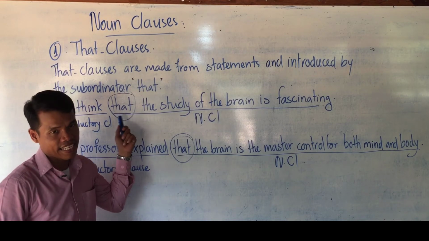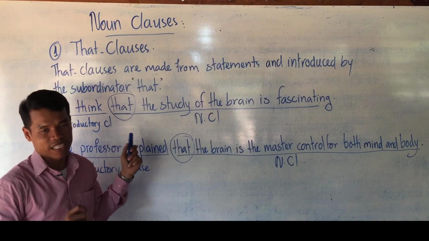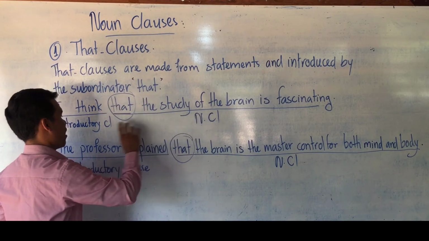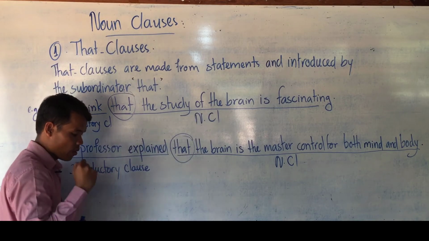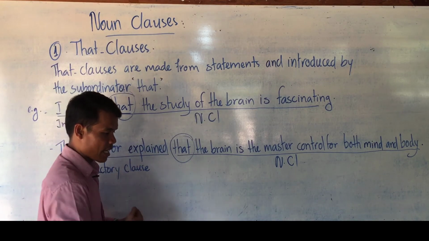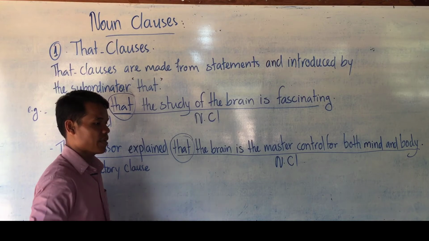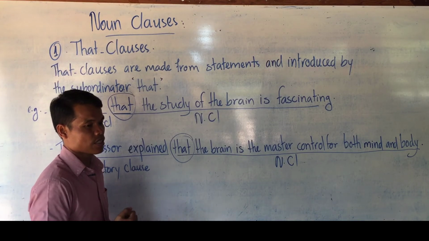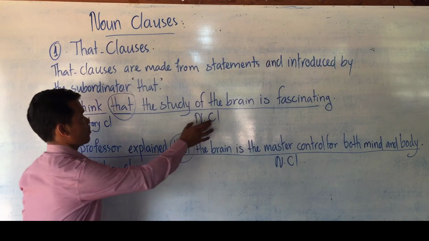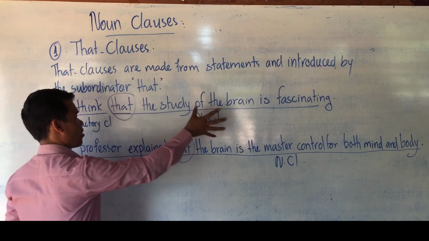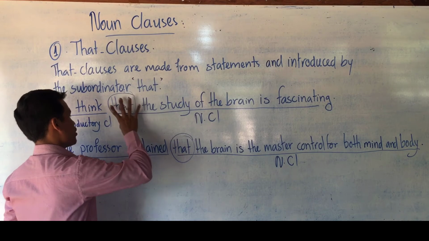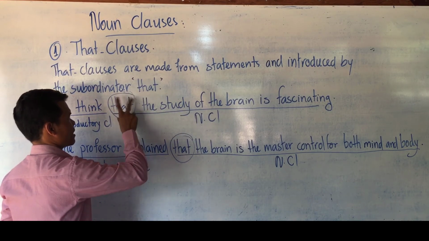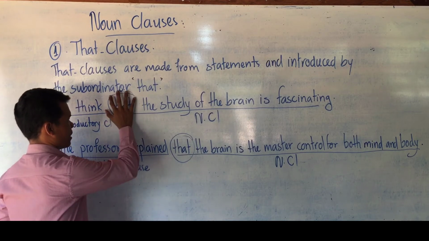That in here can be omitted when the that clause is functioning as an object. We know that a noun can be a subject, an object, a subject complement, an object of a preposition, etc. So when the that clause is in this position, it is an object, so that can be omitted.